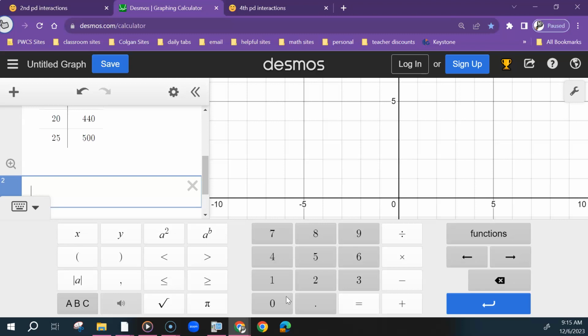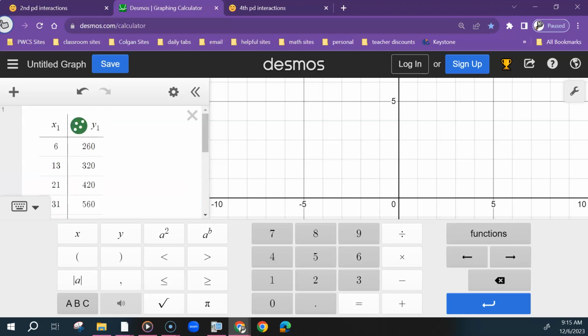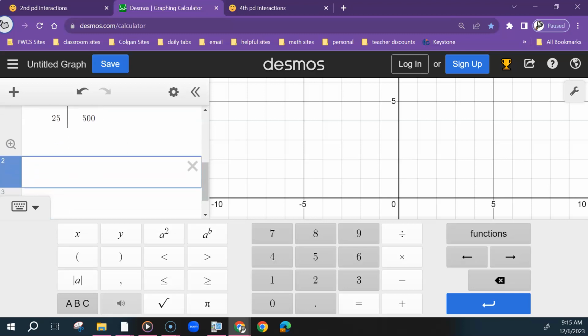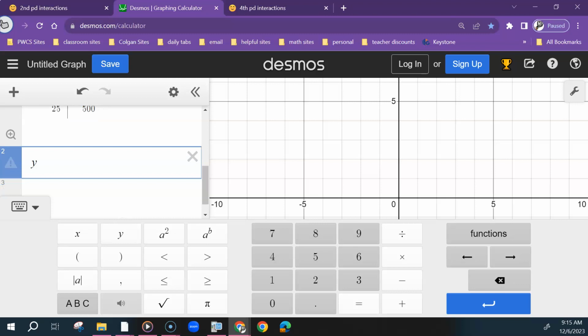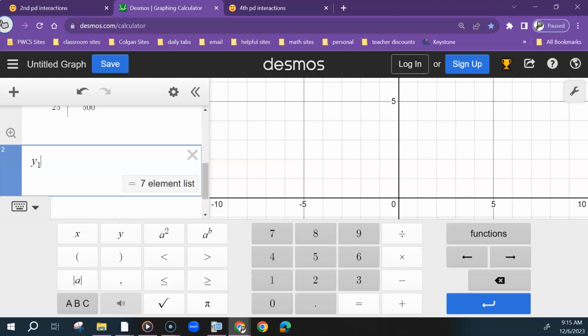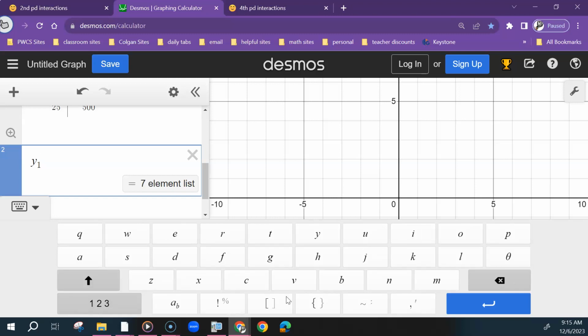It's going to be like our y equals mx plus b, but a little different. Because our table has x1, y1, we need y1, so just type y and then 1. It will do this for you. Then you need this squiggly line, which is called a tilde. It's on your keyboard right here.